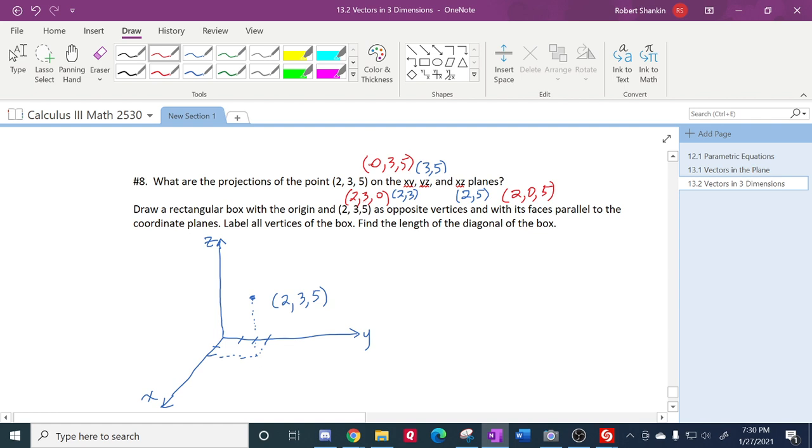You zero out the X, it projects it onto the YZ plane, and so on. These planes are like, you're on the XY plane when the Z is 0, you're on the YZ plane when the X is 0, and so on. Any questions?